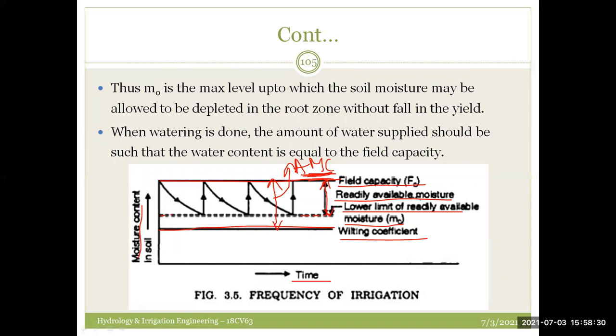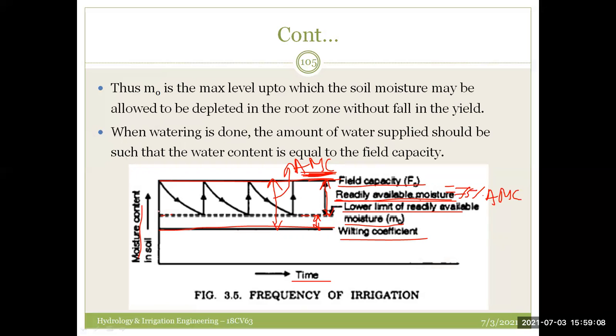So 75% of AMC will be equal to RAMC, the readily available moisture content. Always you have to maintain the readily available moisture content; it should not go below this M0. If it goes below M0, the plants start wilting and will die.